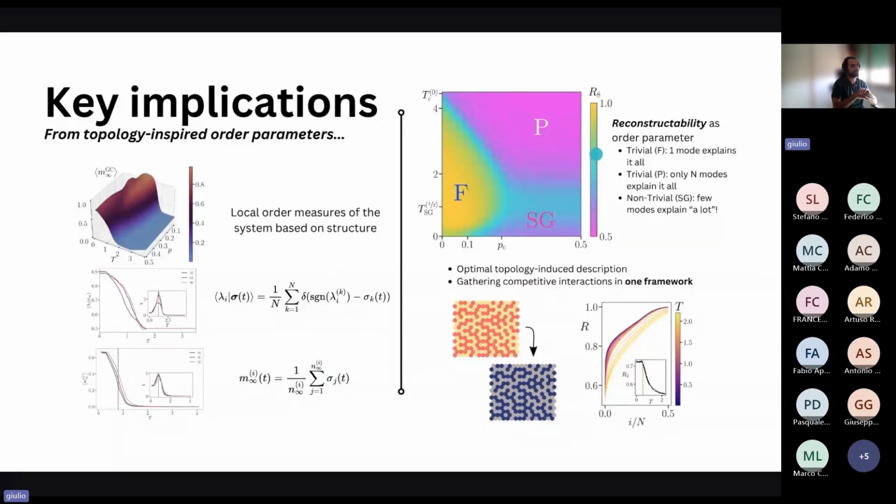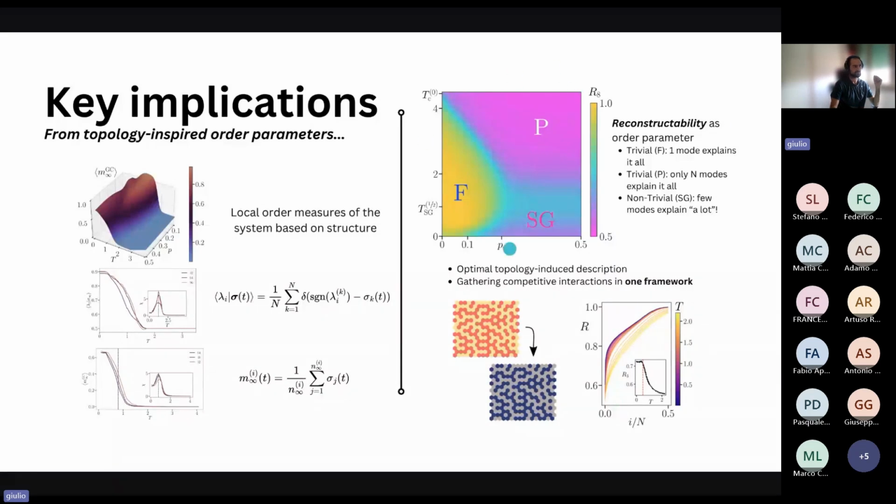A third order parameter, which is interesting and is basically very similar to this one, is the so-called reconstructability. The exercise is that you take the state of your system and try to reconstruct it with the first m modes of your signed Laplacian.